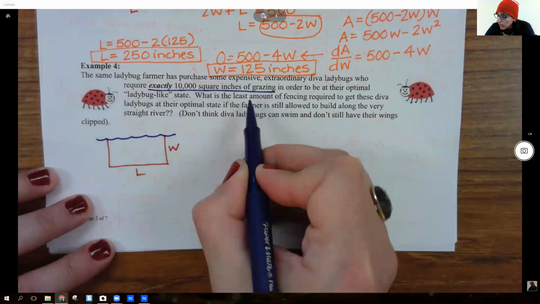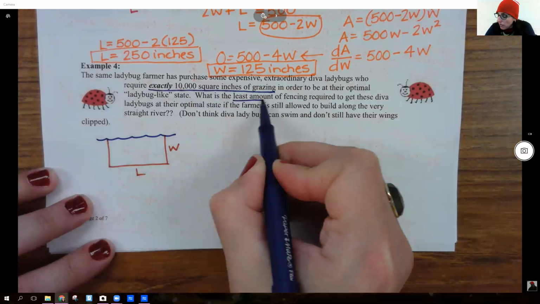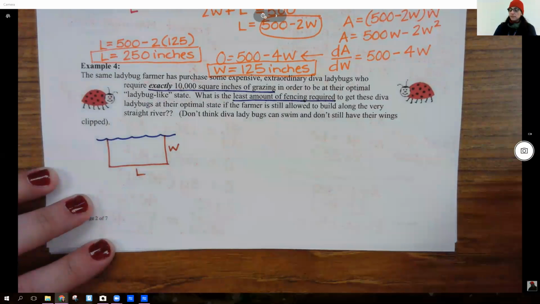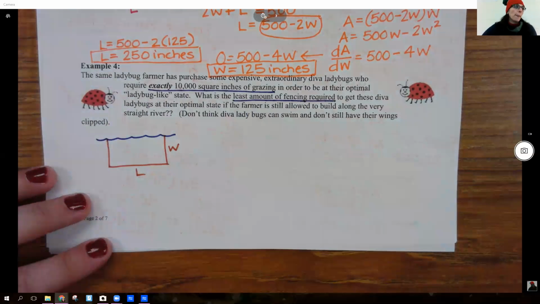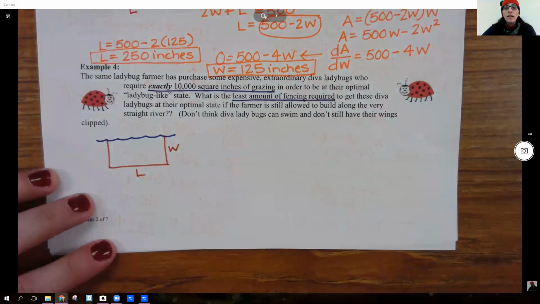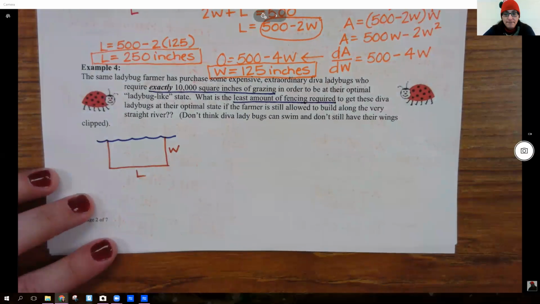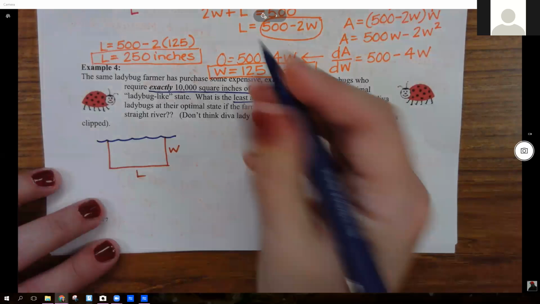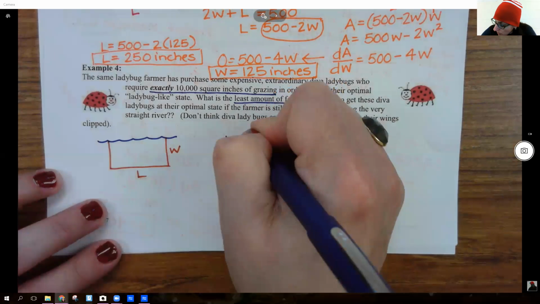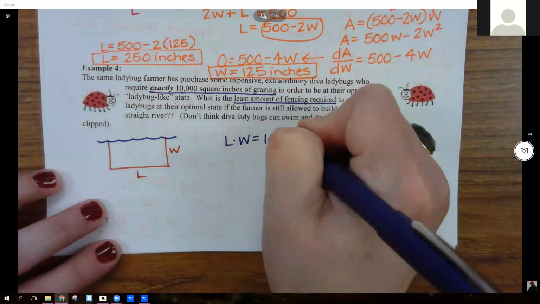What is the least amount of fencing required? Can somebody tell me one of the equations we need to use? L times W equals 10,000. Very good. L times W equals 10,000.